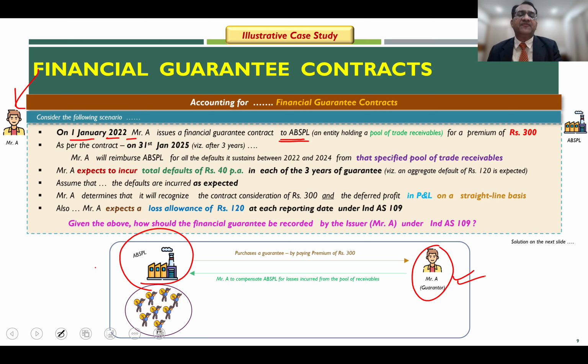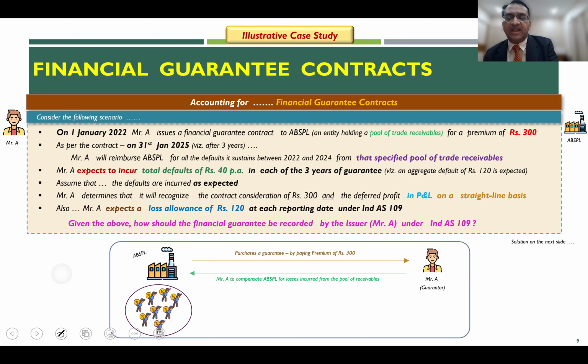And what is the guarantee for? The guarantee is to ABSPL, who is holding a pool of trade receivables. So the guarantee, as per the guarantee terms, the contract says, you are issuing the guarantee in January 2022.